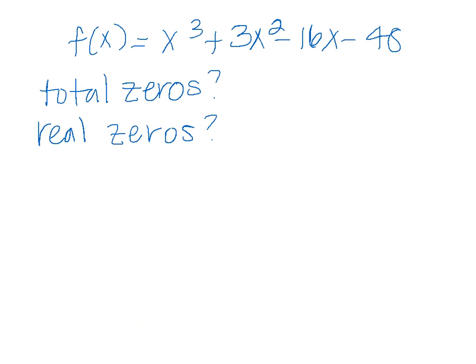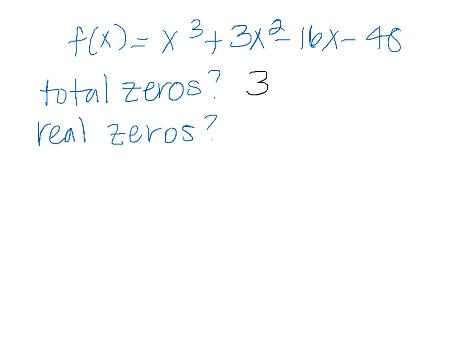So I just want to go through some vocabulary with you guys. Whenever it's asking for total zeros, I can always just look at the degree. One question on the test is that easy. So in this case, there are 3 total zeros. Now if it's asking me how many real zeros, I could find this algebraically, with synthetic division.